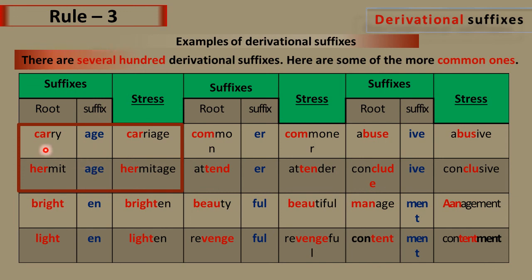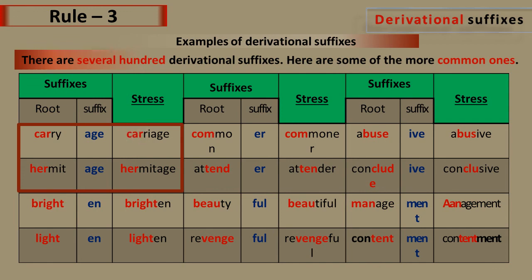Do you understand? Here the stress in the root word is on the first syllable, that is "car." And even in the noun, where is the stress? On the same syllable, that is the first syllable.